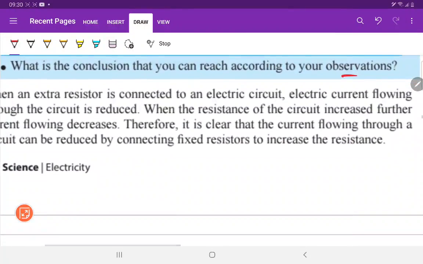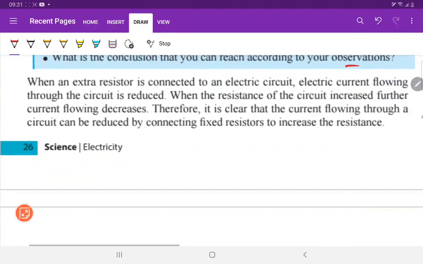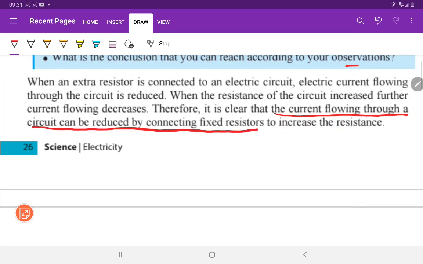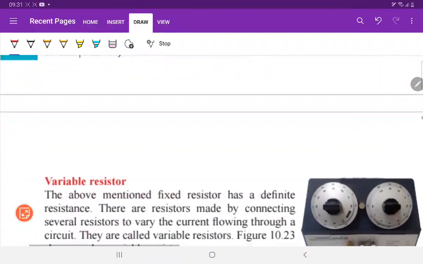So it is clear that the current flowing through a circuit can be reduced by connecting fixed resistors to increase the resistance. When you connect fixed resistors to the circuit, there will be an obstacle to the current flow, and the current flow will decrease.